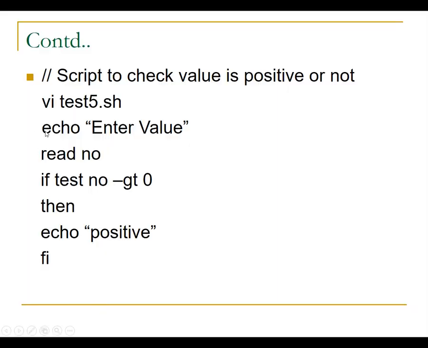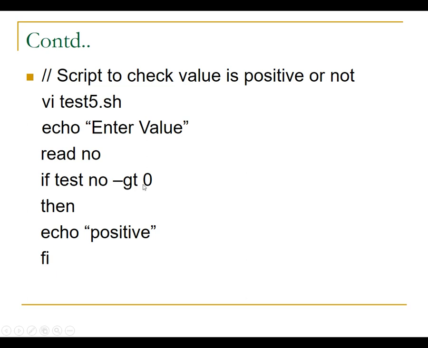What I have done, the first line of code is echo enter value, read number. If is the decision making statement, test is for testing the variable, then number is the variable which I have declared, -gt is the operator which means greater than, and then 0 is the value.